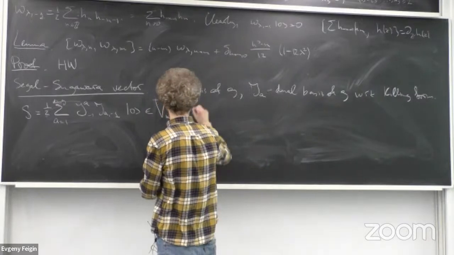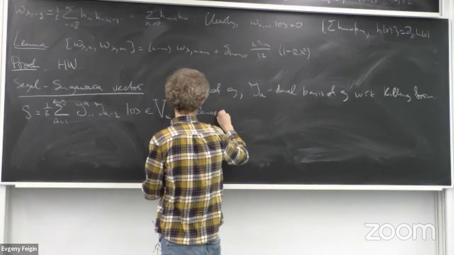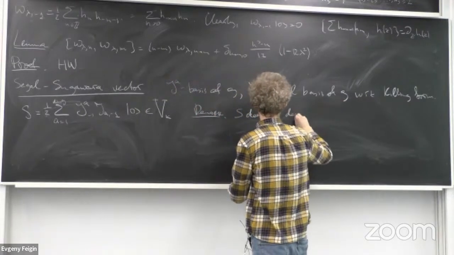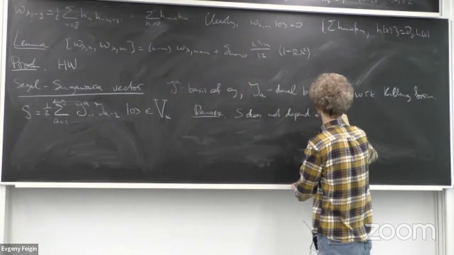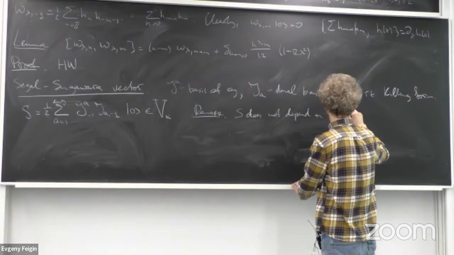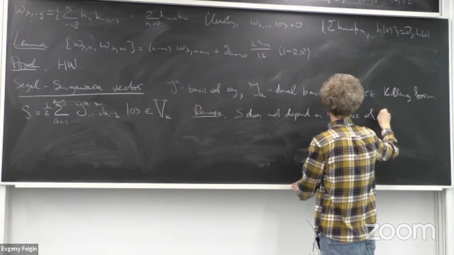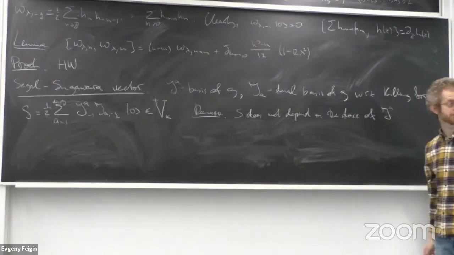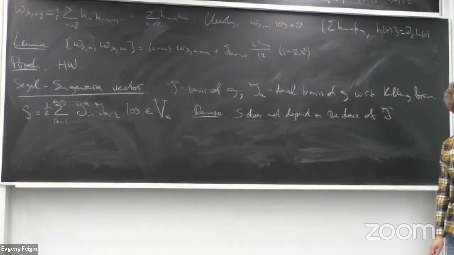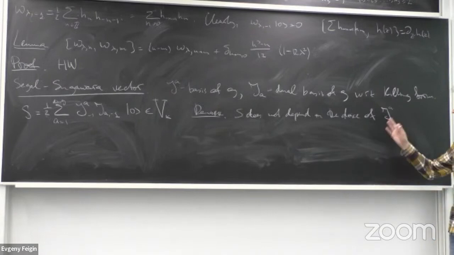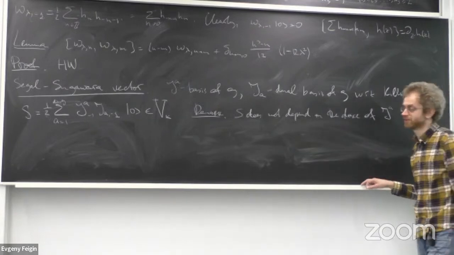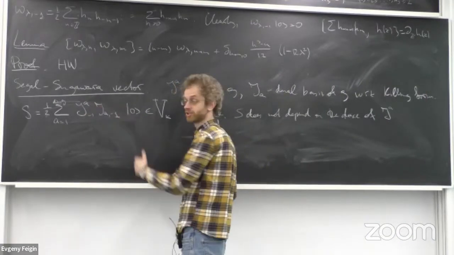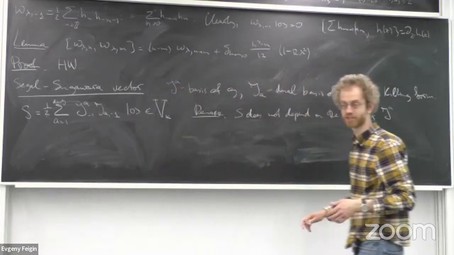Maybe I should first say a remark: S does not depend on the choice of J^a. The second basis is just a dual basis, so it's determined by the choice of the first basis. However, this S does not depend. This is a general feature: if you change the basis and change the dual one, such a product is not changed. Well, it's a general linear algebra claim.